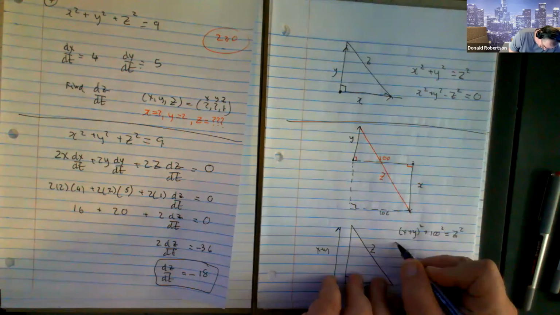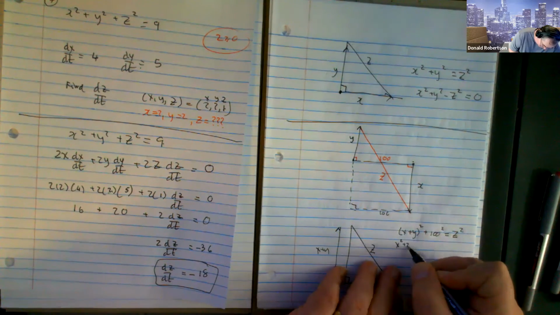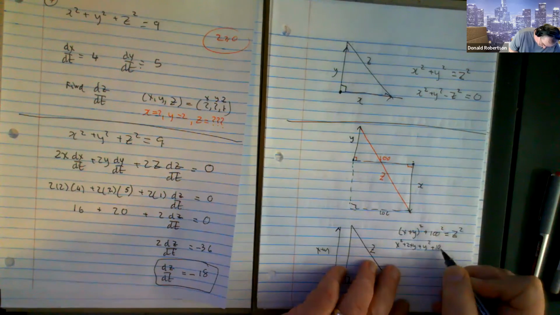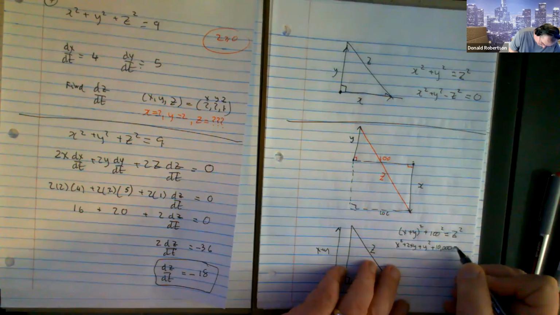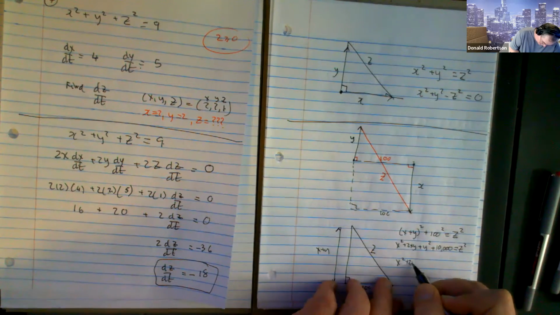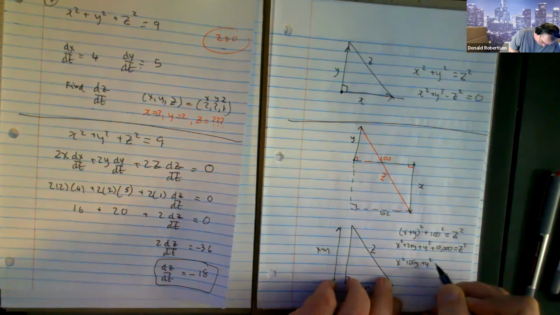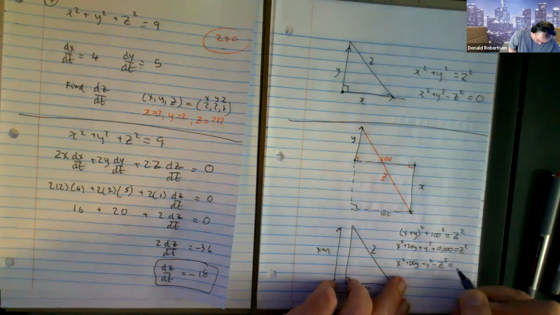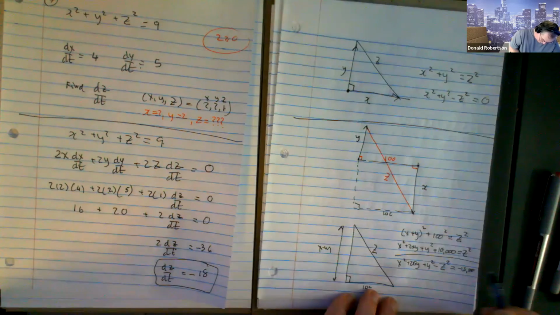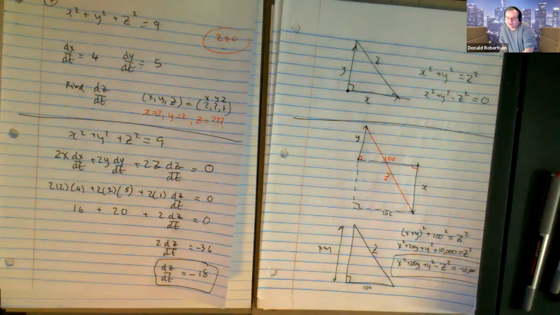You'd have to FOIL this out and get X squared plus 2XY plus Y squared plus 10,000 equals Z squared. And then subtract Z squared and subtract the 10,000. That would be the one that you then start differentiating with respect to t.